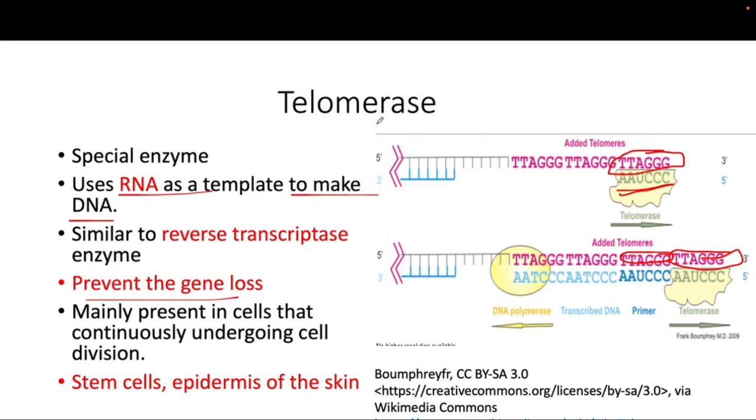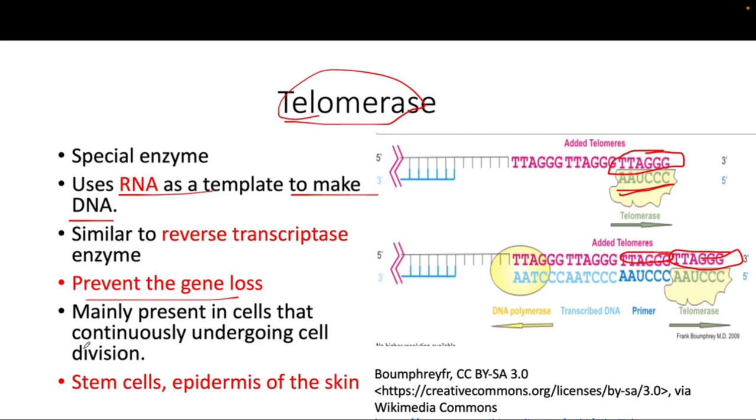And again, just think about it, this telomerase enzyme is very high in the cells that are continuously undergoing division, such as stem cells and the epidermis of the skin. They are continuously undergoing cell division, so they cannot afford to lose the telomere.